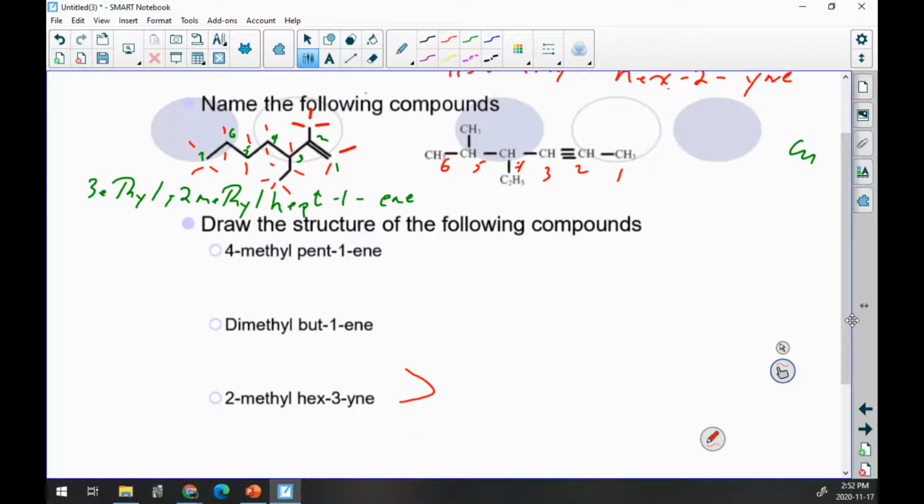So pentene. Pent, 5 carbons. Off the first carbon, I have a double bond. So that means I need one more there and another one there.